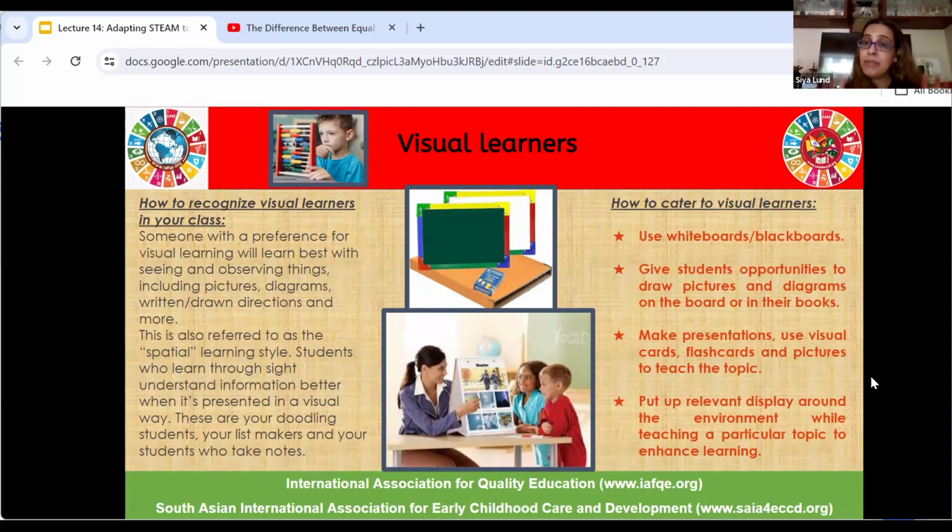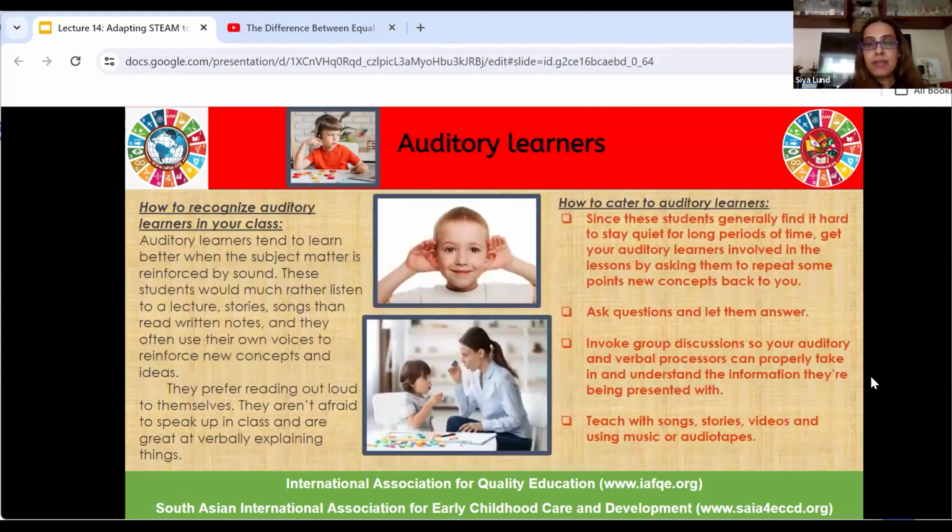All of these pictures that are relevant to the topic around them can help learn the language quickly, the maths quickly, everything can be integrated into that. So there's a lot of learning that can happen if you have a good display.